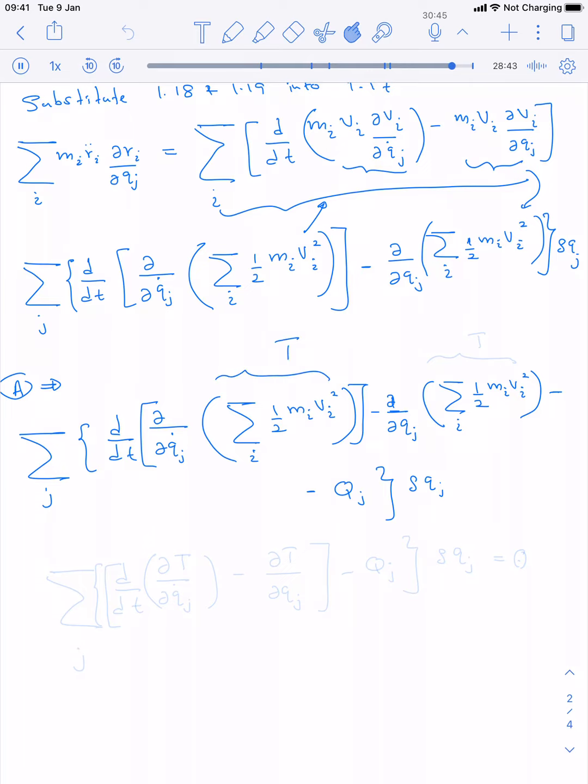So this will be the kinetic energy of the system, and this will be the kinetic energy of the system as well, which means I can write this whole expression, summed over j, d/dt of ∂T/∂qj dot, minus ∂T/∂qj, and then minus the generalized force Qj times delta qj equal to 0.